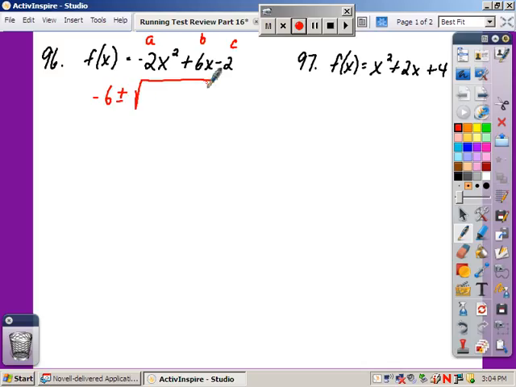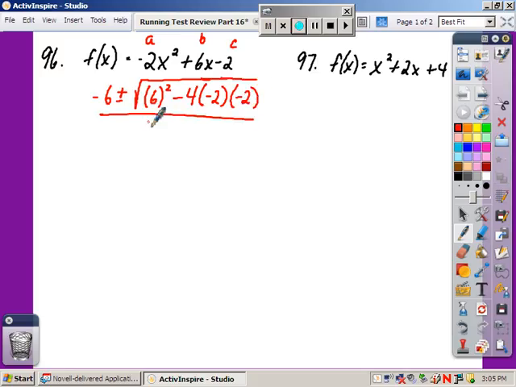And then in the square root, I have B squared, which is 6 squared, minus 4 times A, which is negative 2, and C, which is also negative 2. All of this is over 2 times A, which is again negative 2. So I'm just substituting numbers into that formula.